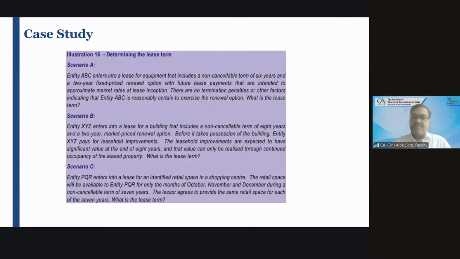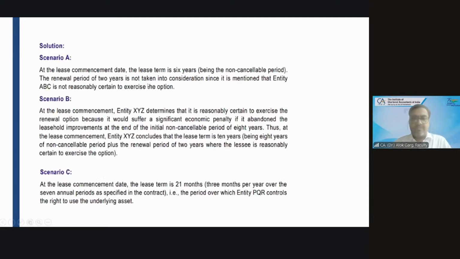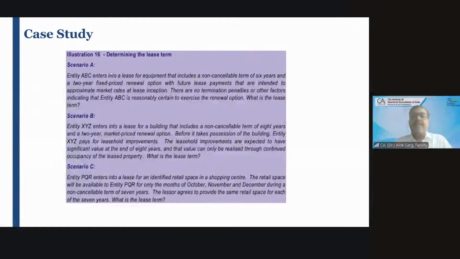Determining the lease term. Let's discuss this from the ICAI study material. Entity ABC enters into a lease for equipment that includes a non-cancelable term of 6 years and a 2-year fixed price renewal option, with future lease payments intended to approximate market rate at lease inception.